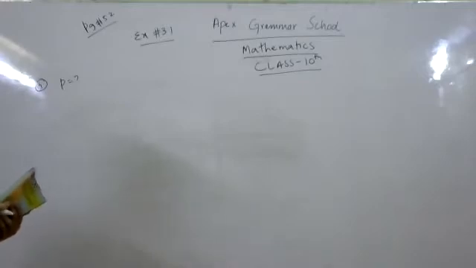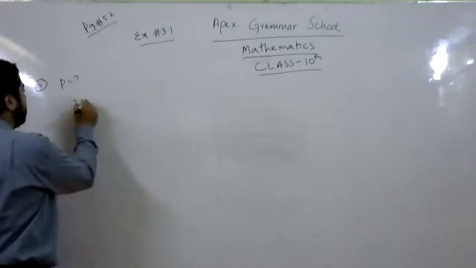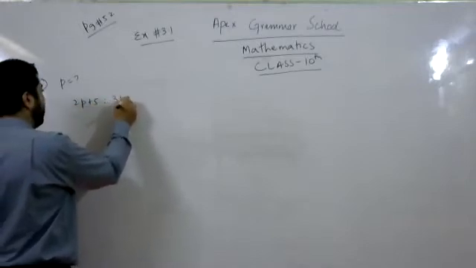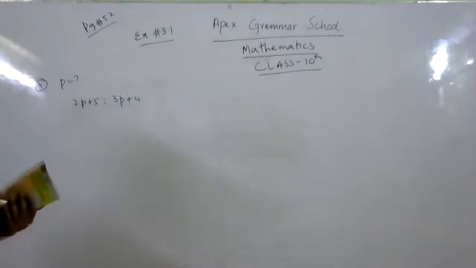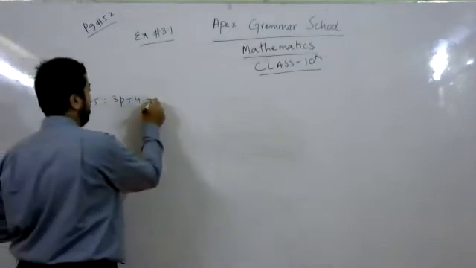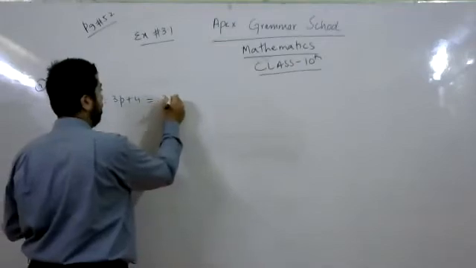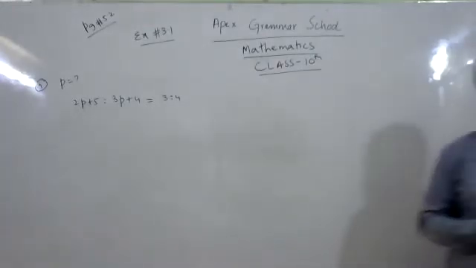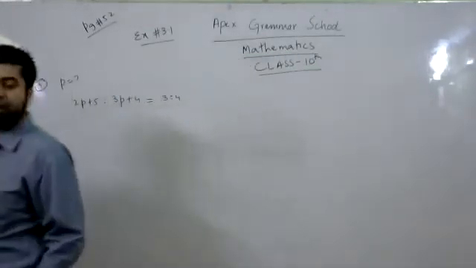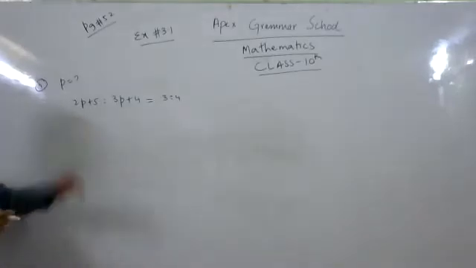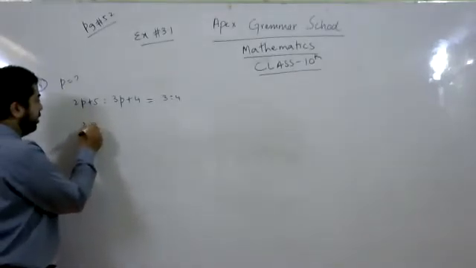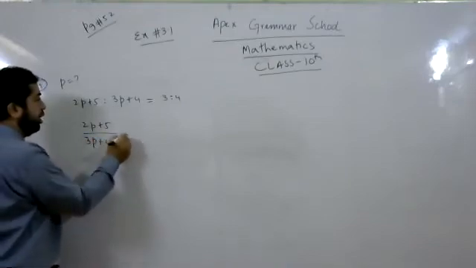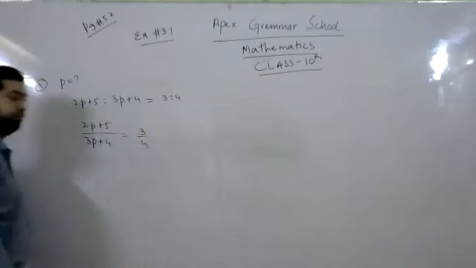If the ratio 2p plus 5 to 3p plus 4 is equal to another ratio, that is 3 ratio 4. We need to find the value of p here. For ratio, we can write it as a fraction: 2p plus 5 divided by 3p plus 4 is equal to 3 divided by 4.